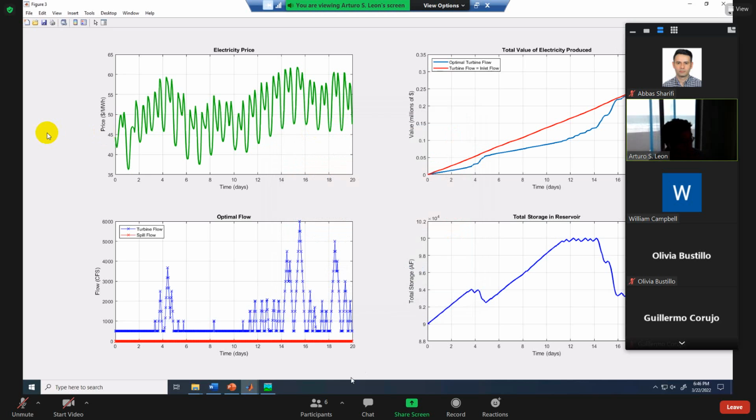Okay, guys. So this is pretty much the hydropower model. Now, if you want to apply it to a particular problem, you can modify the data. But the algorithms for the constraints and the objectives are pretty much defined here in the MATLAB.